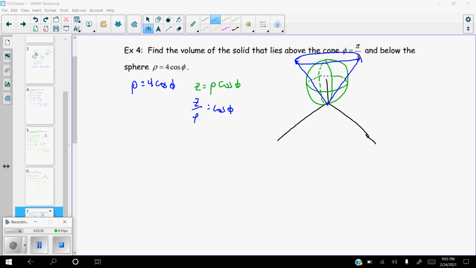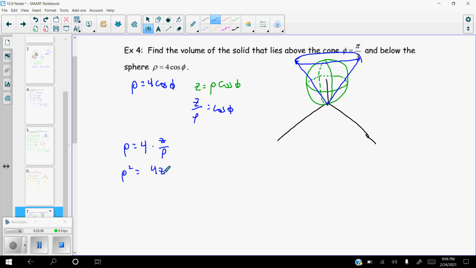So the fact that I just solved for cosine of phi, and that's z over rho, I'm going to replace cosine of phi in this equation, rho equals 4 cosine phi, with z over rho. So if I multiply both sides by rho, you get rho squared equals 4z.